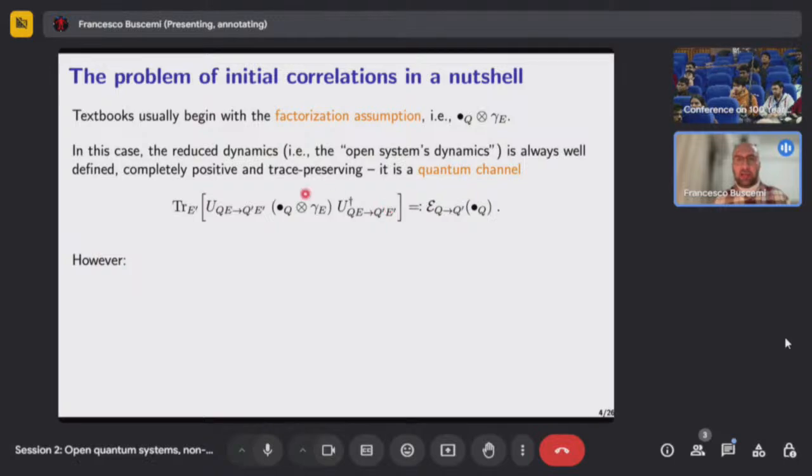Well-defined means that there exists a completely positive and trace-preserving linear map, which we call a quantum channel, that is able to describe this input-output relation.